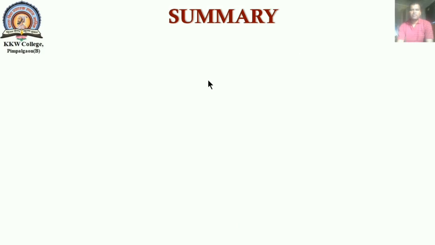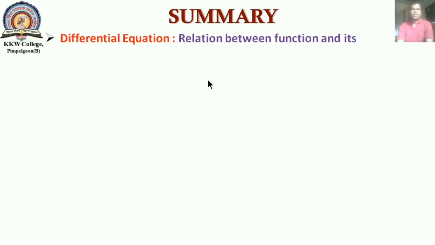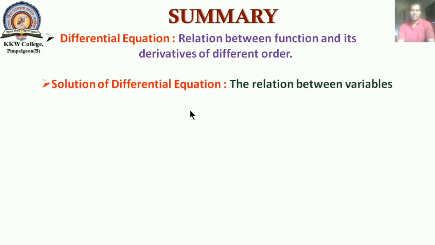We'll summarize the chapter or topic. The differential equation is the relation between a function and its derivative. The function represents a physical quantity and the derivative represents its rate of change.